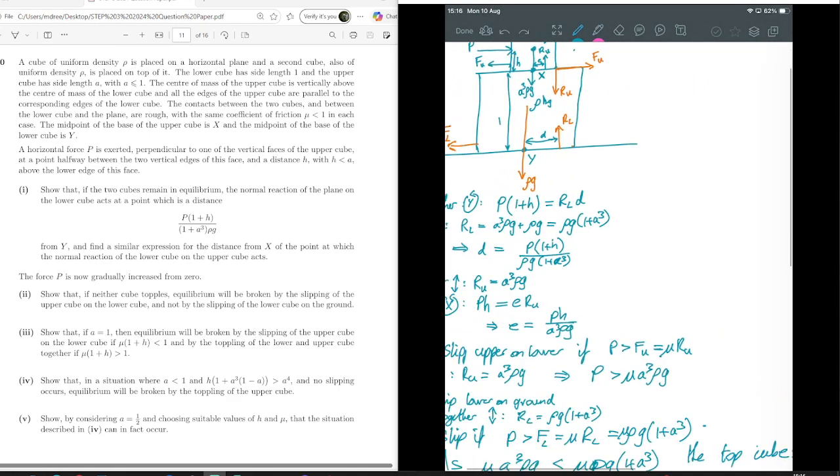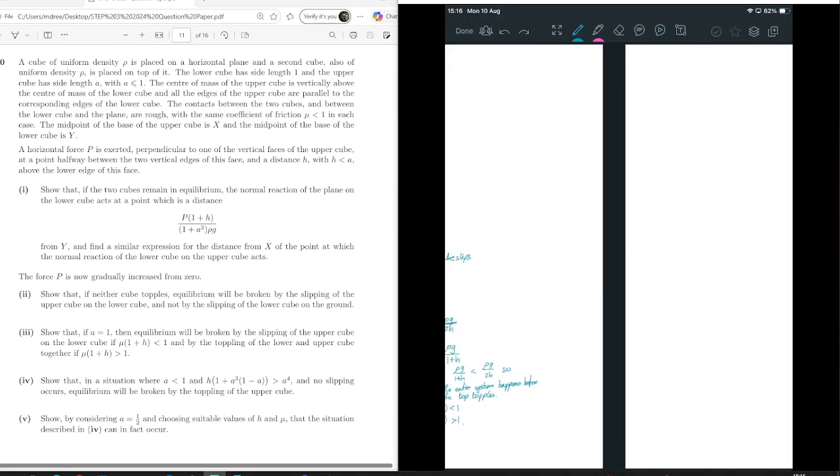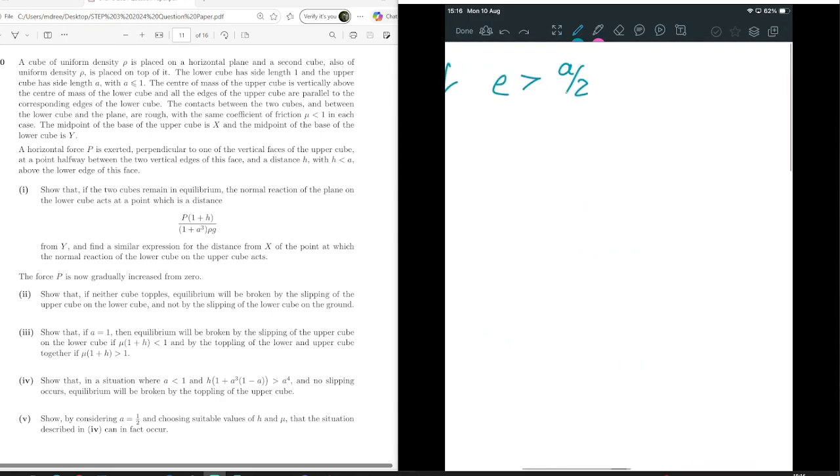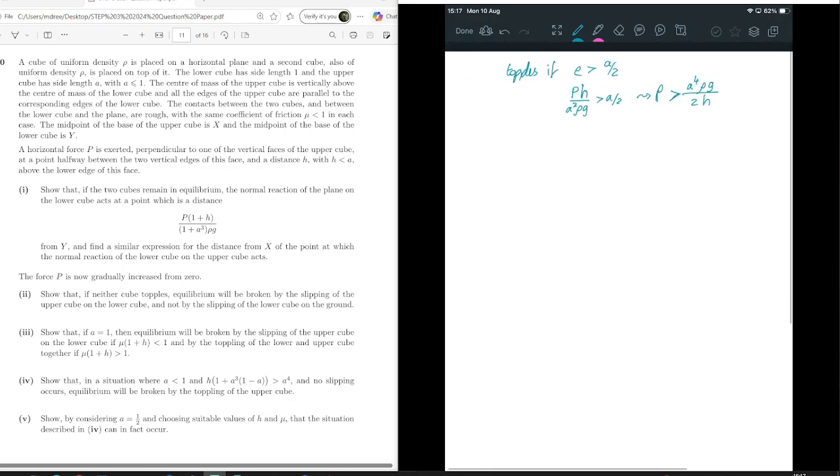And that E's expression was pH over A cubed rho G. So that's pH over A cubed rho G is greater than A over 2, or equivalently, P is greater than A to the 4 rho G over 2H. And that to me is quite pleasing straight away because it has the A to the power 4. I was a little worried where an A to the power 4 may come from.